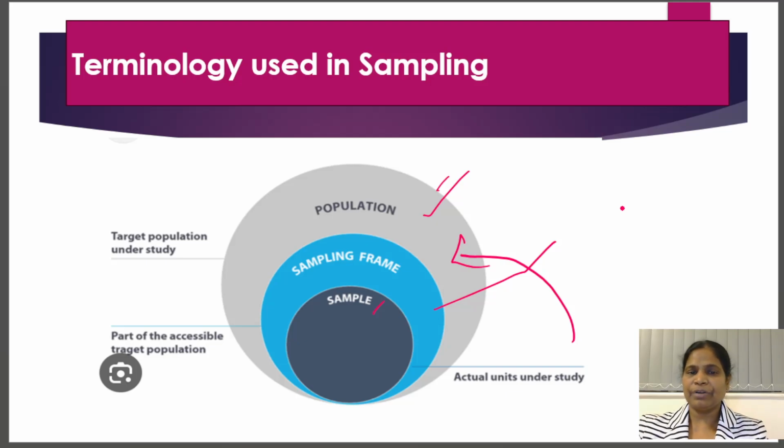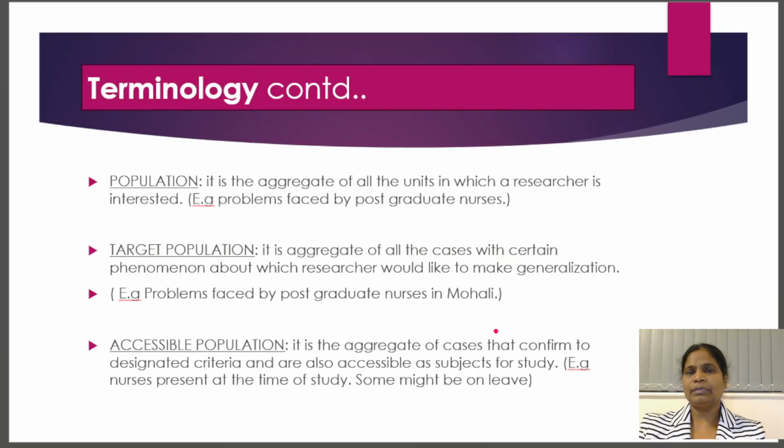So the sampling frame includes part of the accessible target population. Next, coming to sample: the actual units who get involved in the study, we call them participants or subjects also.